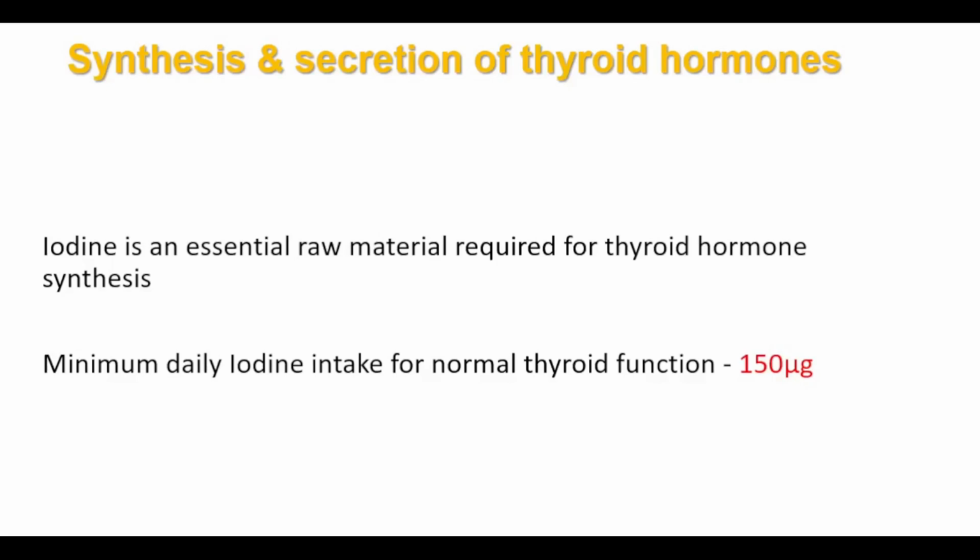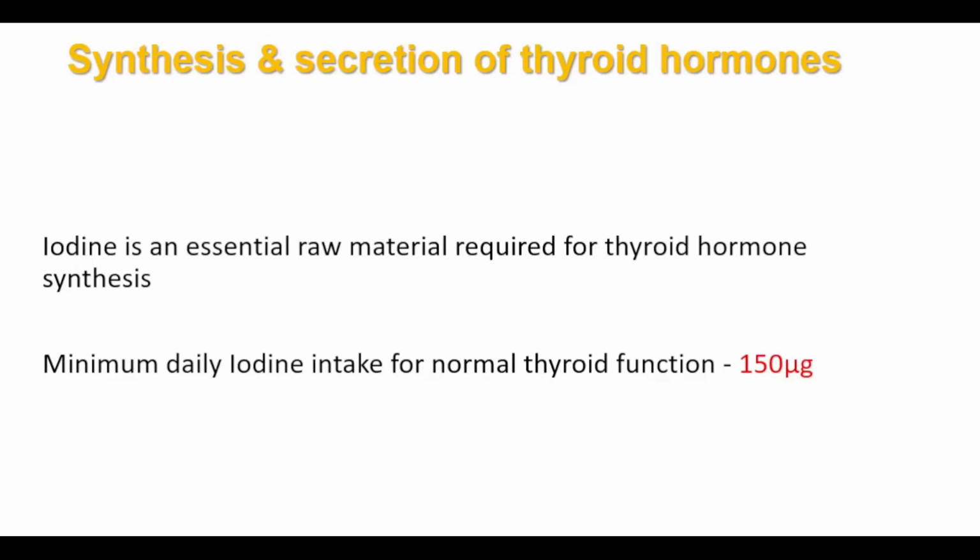So iodine is the essential raw material that is required for thyroid hormone synthesis, and the thyroid gland gets this iodine from the diet. So when you consume food containing iodine or iodide, it will be broken down, digested and absorbed. So the iodide enters the blood circulation.